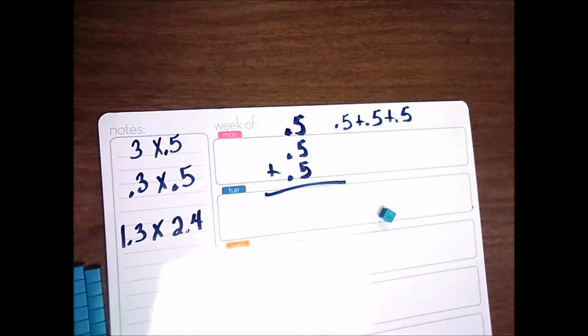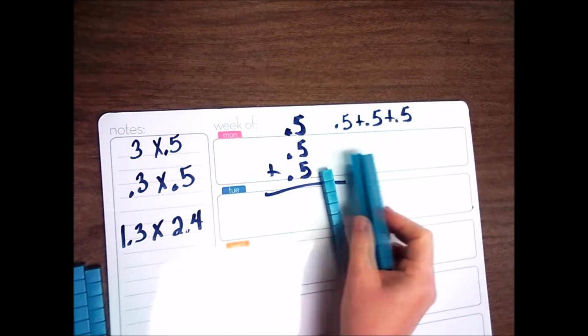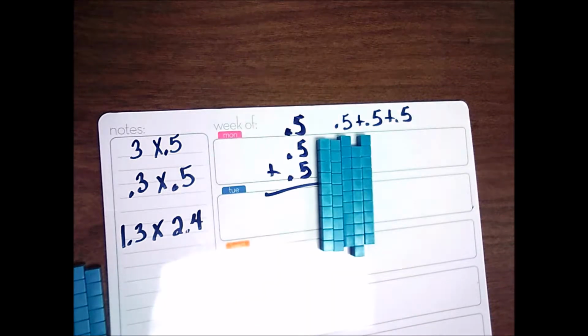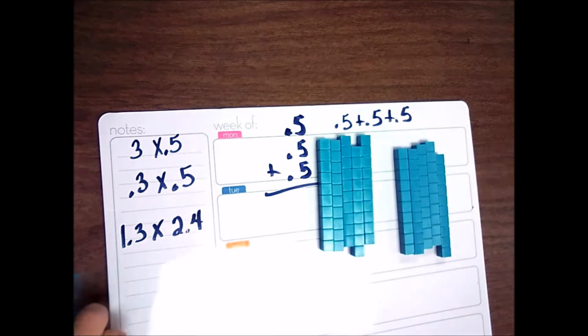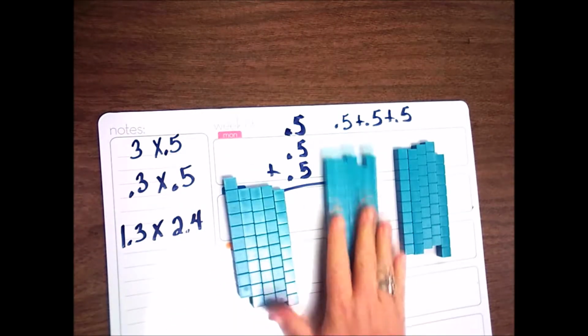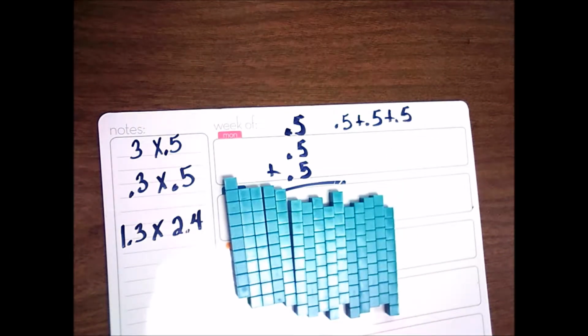So if I have 3 times 5/10 or 3 groups of 5/10, then I would say, much like I did with whole number multiplication, there's a group of 5/10, there's 2 groups of 5/10, there's 3 groups of 5/10. So when I put that together, I get 5, 10, 15 tenths.